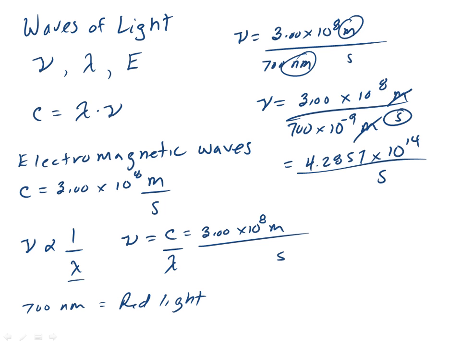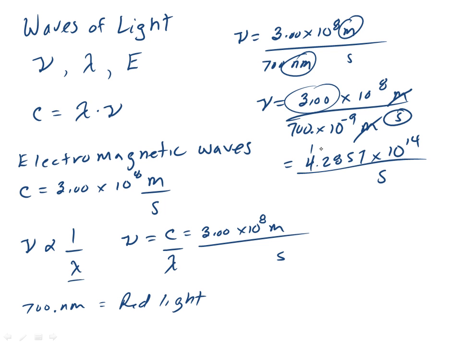Now, some of you may be going, well, that's a lot of digits. So if we were going to talk about significant figures, how many significant figures should we have? Well, 3.00 has 3. 700 actually has 1. If you want to make it 3, you should put a decimal after the 0 here. All right? So I'm going to cheat and make this 3 so that we get 3 significant figures in our final answer.